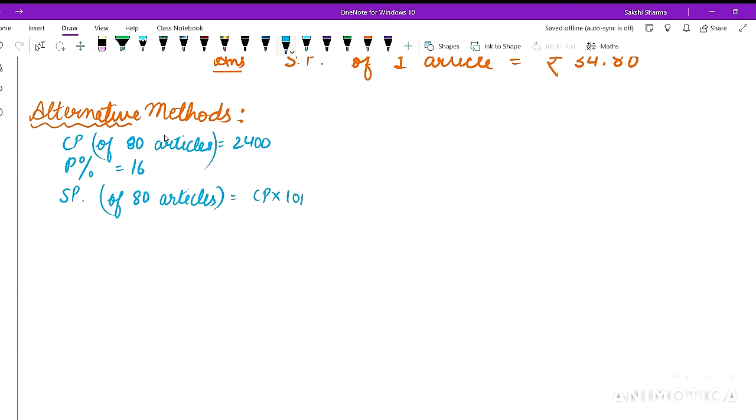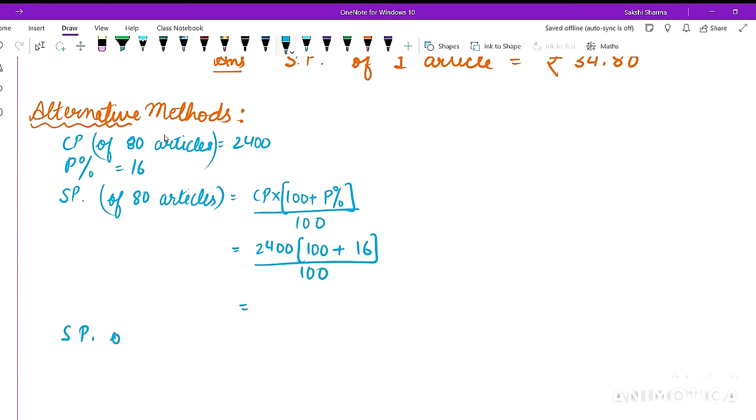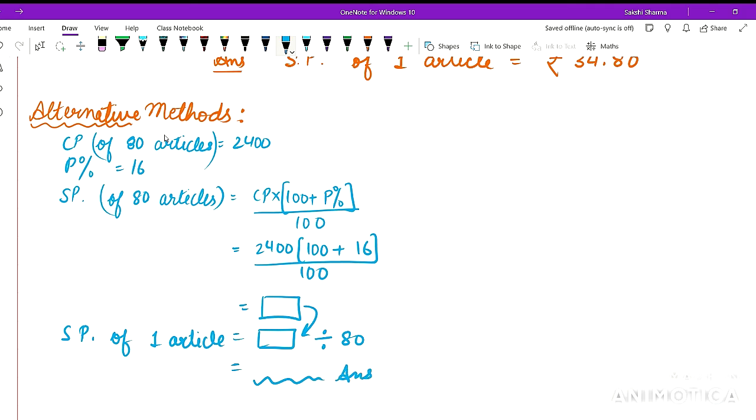Same formula. And from here you can find out the SP of one article. So whatever value you obtain here, this value will be divided by 80 and you will get your answer. This is one way of doing this question.